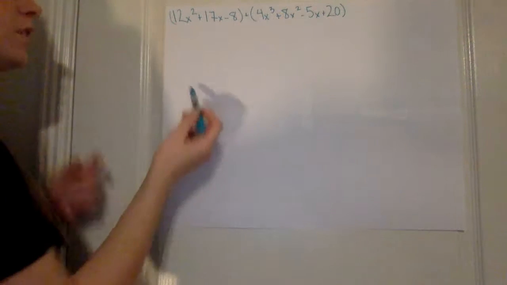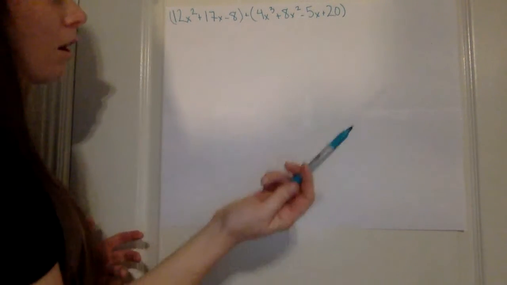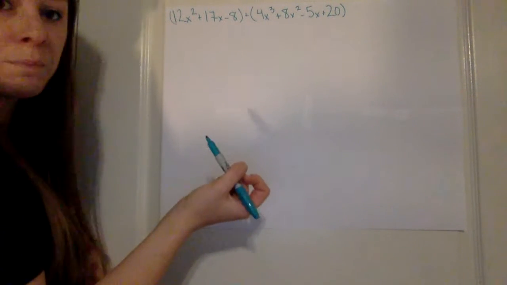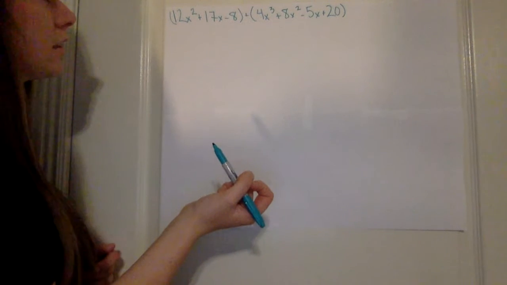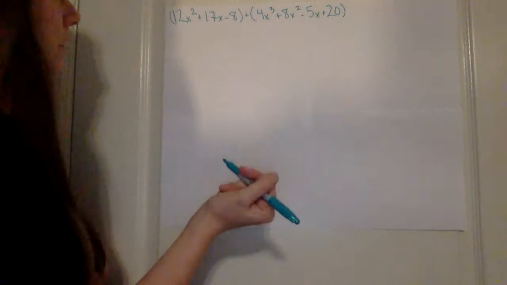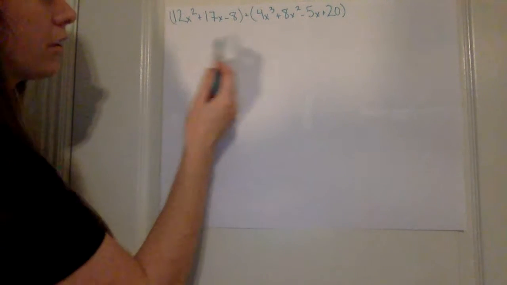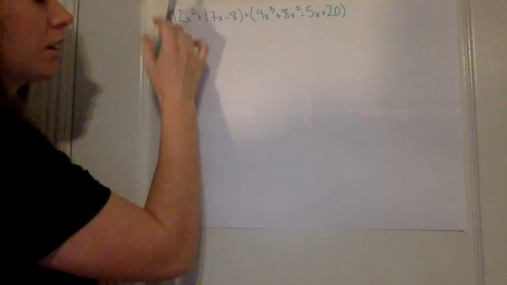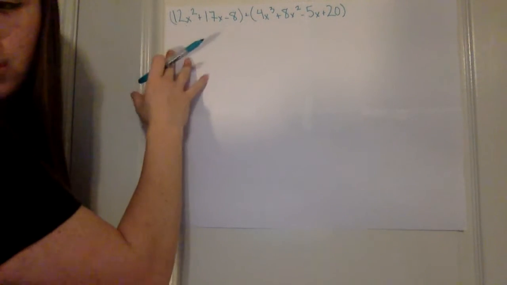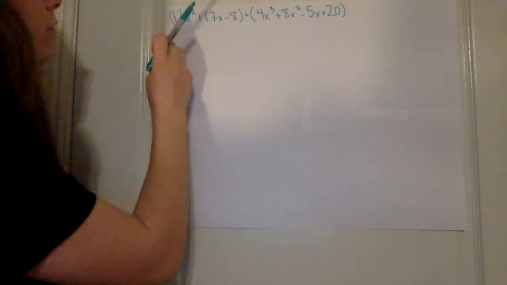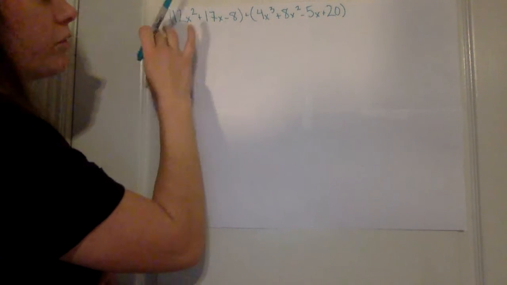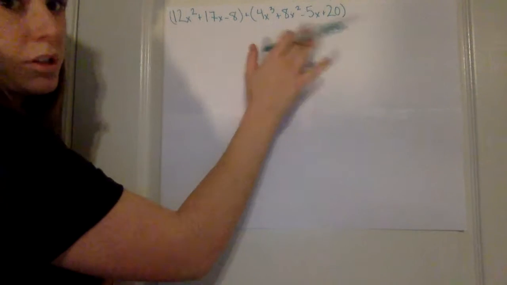Okay, so since this is an addition, all we have to do is combine like terms and simplify. We need to go in standard form, so that would be from the biggest exponent down to the smallest.